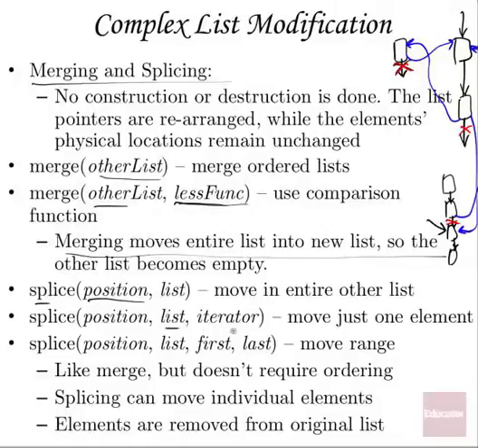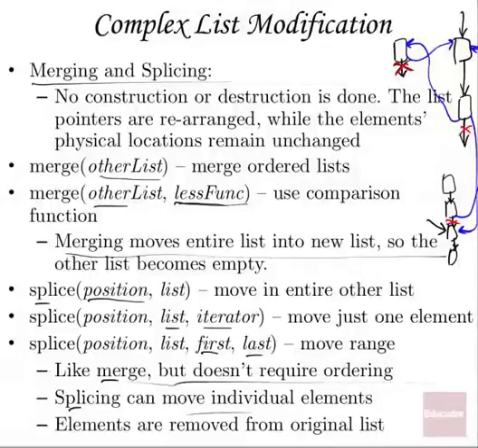Or you can move just one element. The iterator points to the one element that you want to move, or you want a range, take from this iterator to this iterator and move them into this list. So it's like the merge, but it doesn't require them to be in order. So you tell it where to go. The splice can move one element at a time. They are removed from the other list, but again, there's no destructors called because it doesn't destroy it and then rebuild it. It just moves the pointers around.